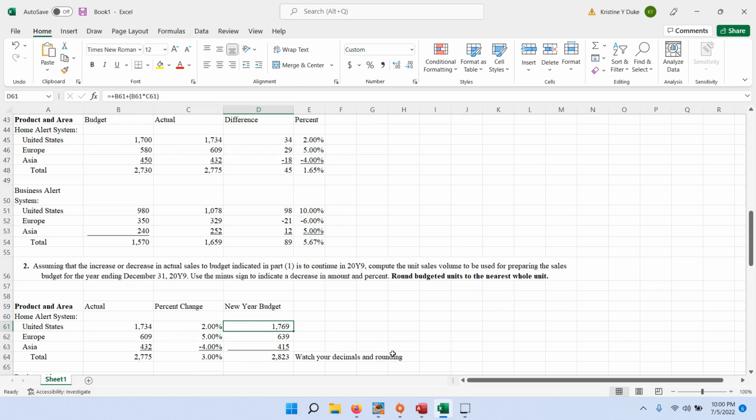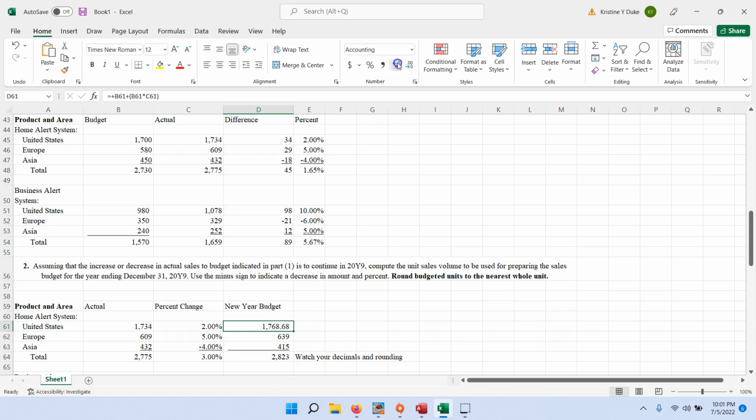That's my formula: I take this amount and add this amount times that. Notice the parentheses: what's in the parentheses you do first, and then you do the remainder of your calculations. I dragged that on down and then I summed it.